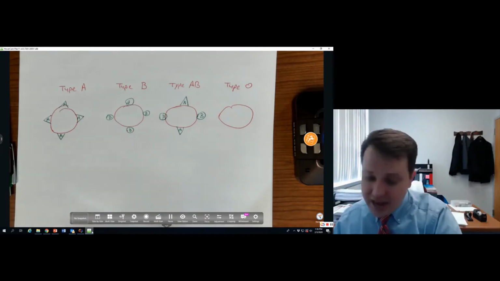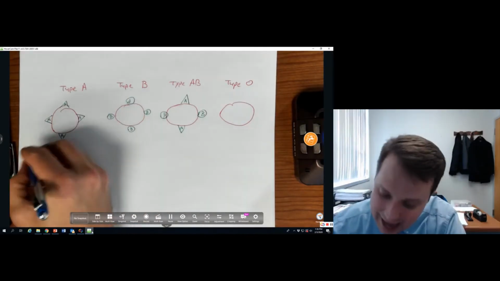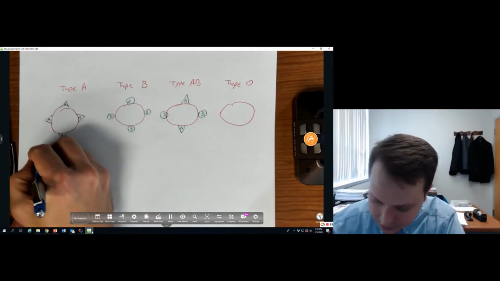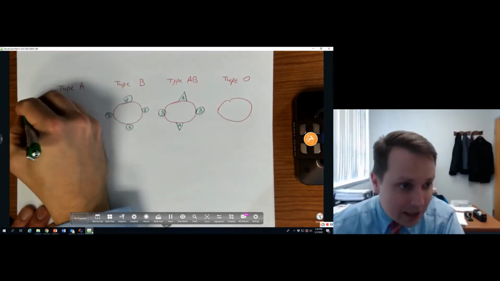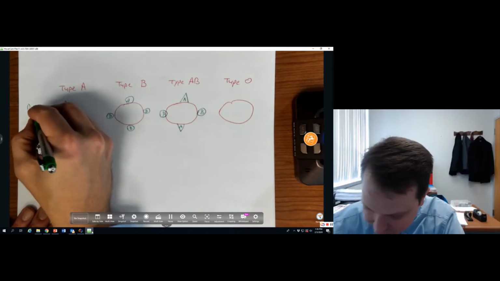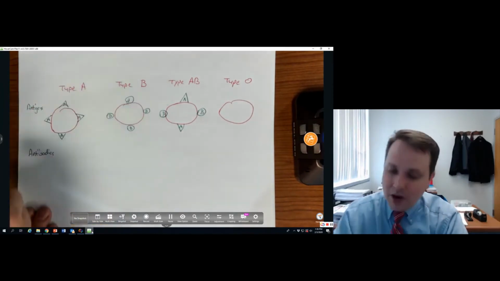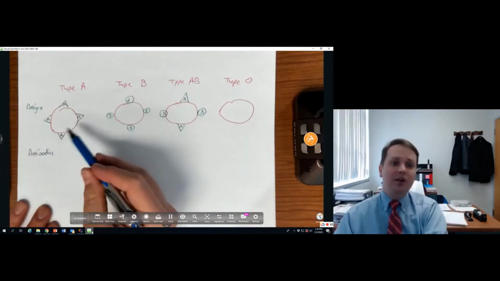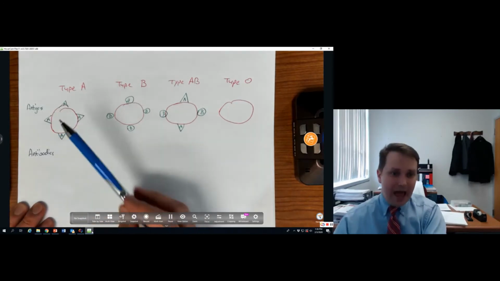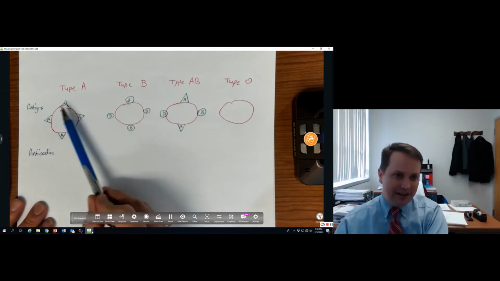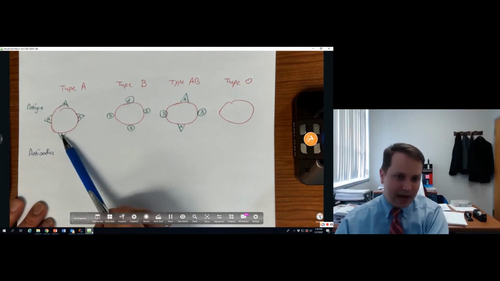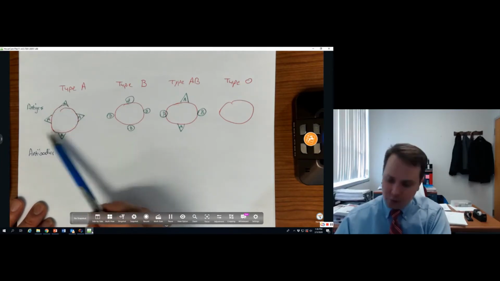Now, that is one thing. But the next thing would be the antibodies. So what antibodies would there be? Now, here's the kind of breakdown. If I've got A antigen, the last thing I would want is opposing antibodies in my own plasma.